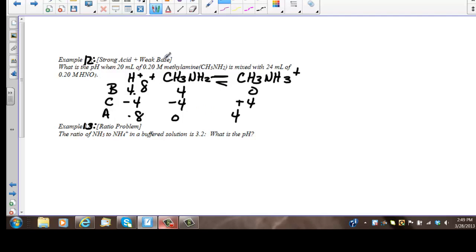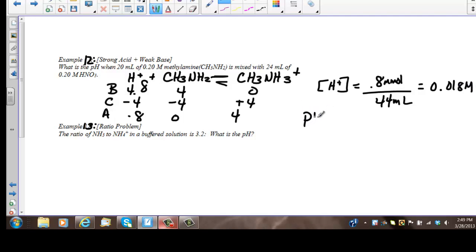Again, I have a strong acid versus a weak base. Strong versus weak. Strong wins every time. Therefore, I can just calculate the concentration of my hydrogen ion, which is going to be 0.8 millimoles, remember, over my total volume. 20 and 24 is 44 milliliters, which is going to give me 0.018 molarity.